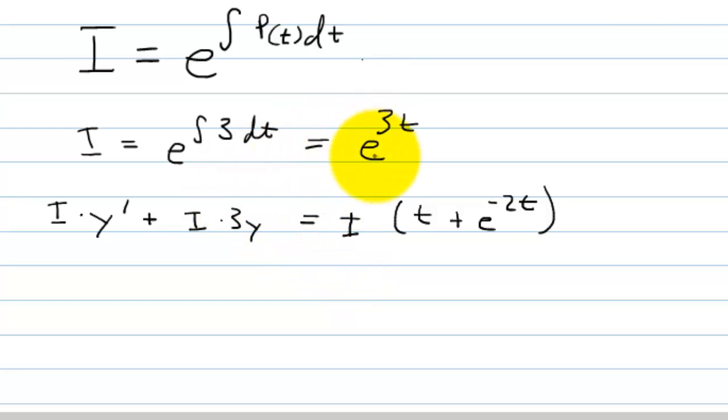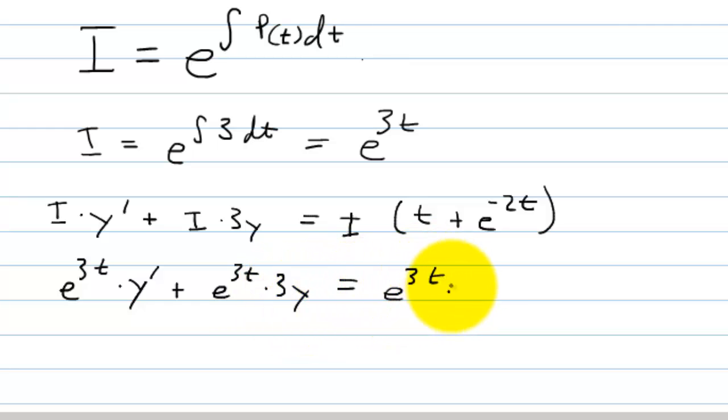Now we're just going to swap out the I for e to the 3t. So we get e to the 3t times y prime plus e to the 3t times 3y is equal to e to the 3t times t plus e to the 3t times e to the negative 2t.